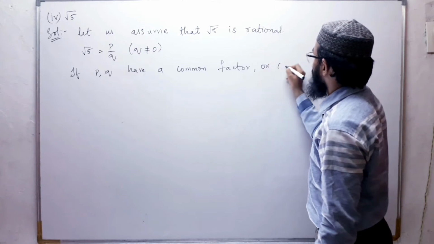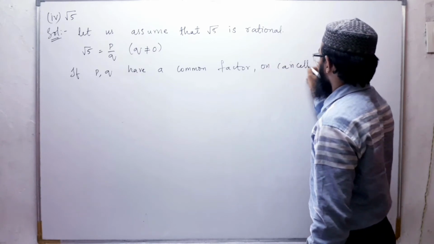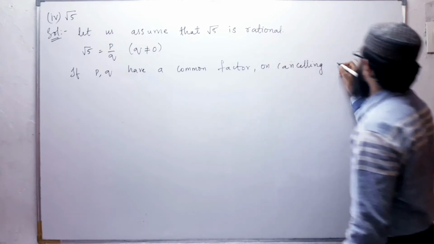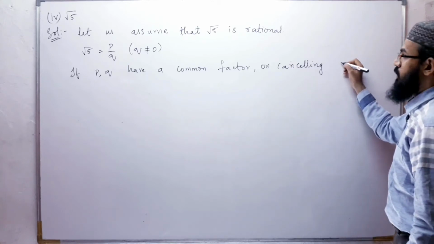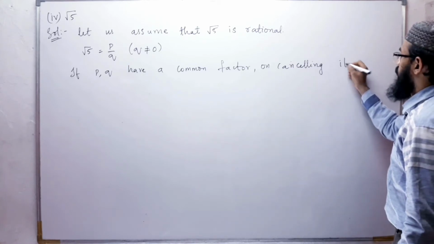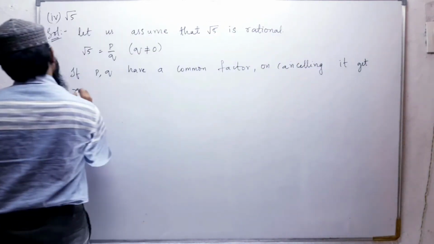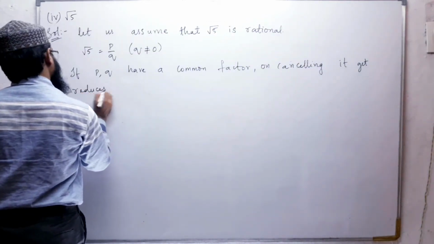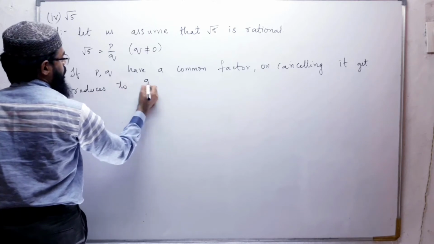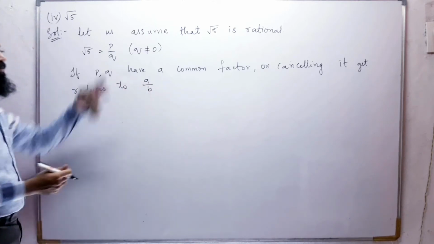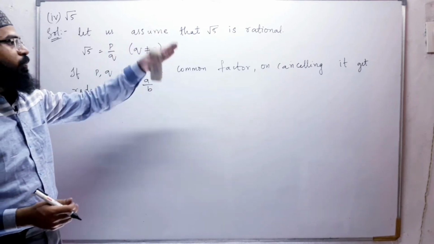On cancelling that common factor, it reduces to a by b, like 6 by 9 reduces to 2 by 3.